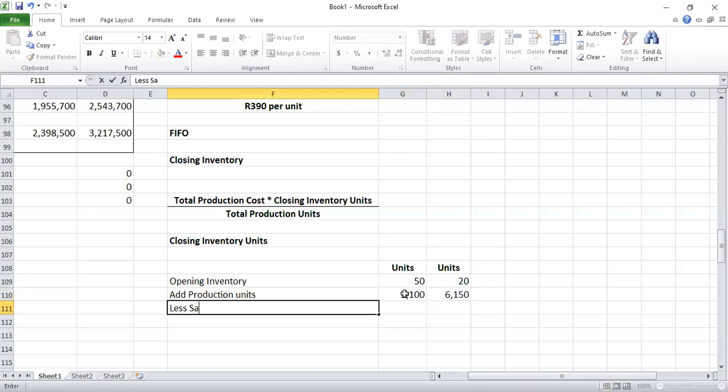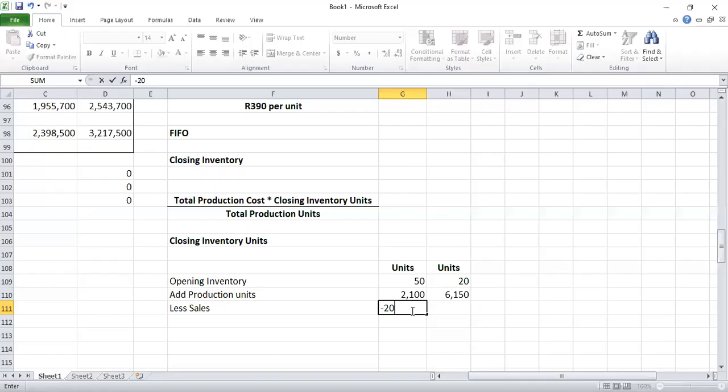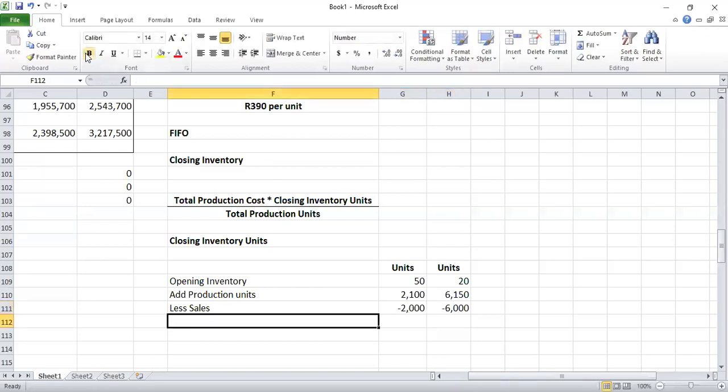Less our sales. Our sales were given: 2,000 and 6,000. Then you get your closing inventory.